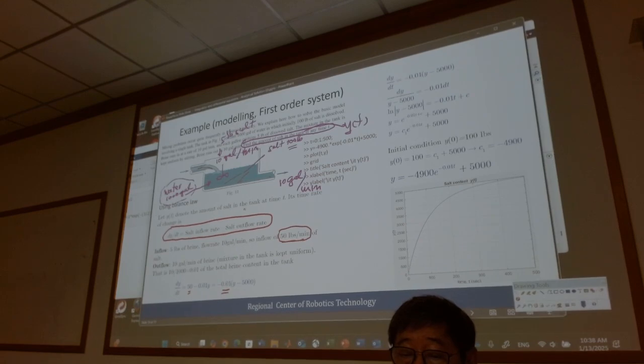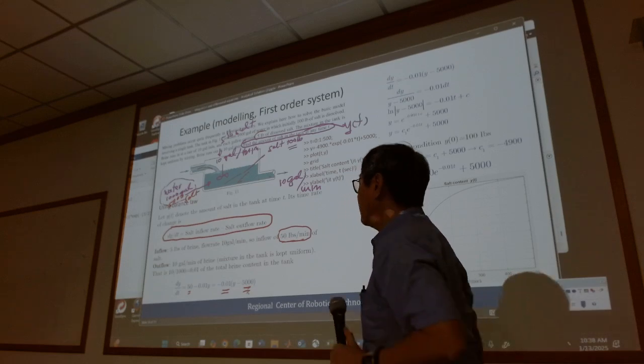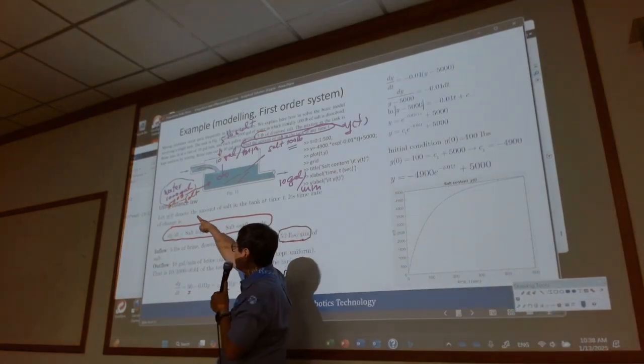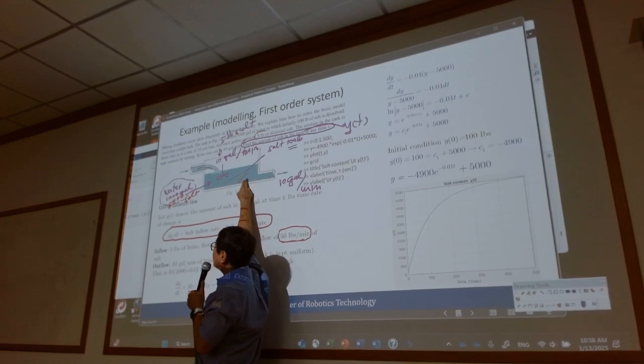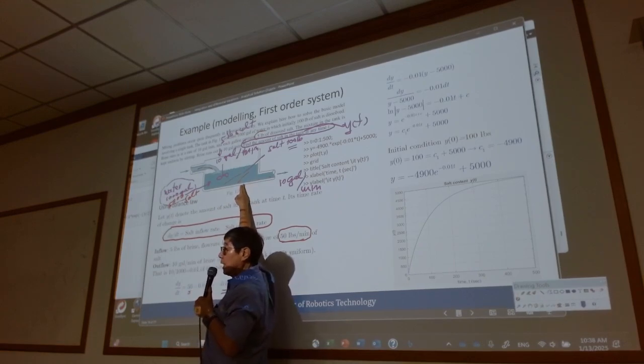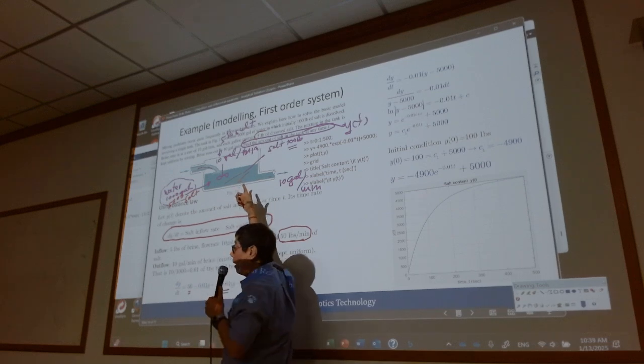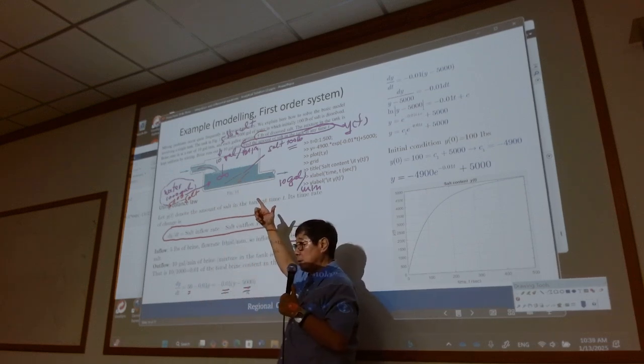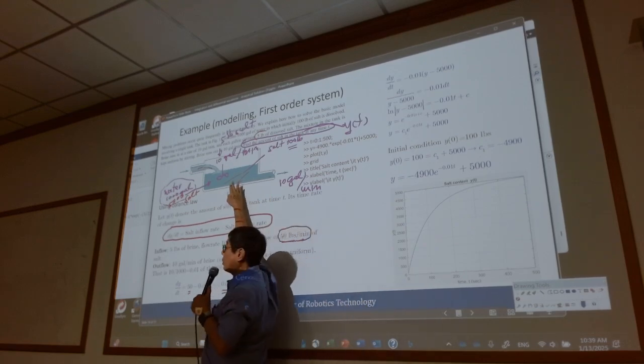Y is the salt inside here. Initially 1,000 gallons at 5 pounds each is 5,000 pounds of salt. Each gallon contains 5 pounds of salt, so the initial salt inside is 5,000.